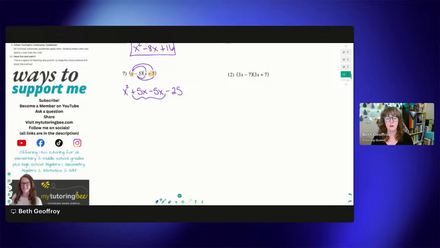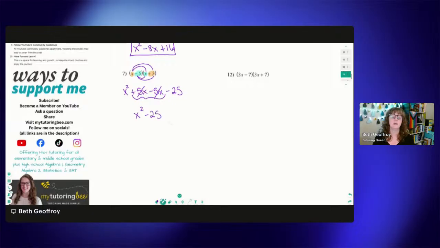And then here we're multiplying the same numbers, but just an opposite sign. So it makes sense that we're going to get the same numbers, but just with opposite signs here. And they're going to cancel each other out. Positive 5x minus 5x equals 0. So now all we're left with is x squared minus 25.